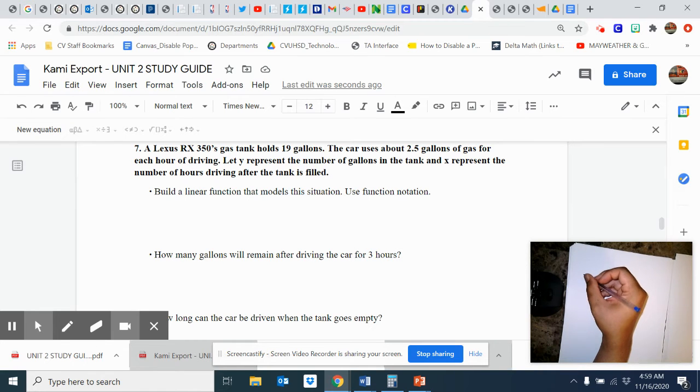In this case, you would do Y. But if I wanted to do the Lexus, I'm going to put that too. That would be L of x. So I'm going to do both. It has 19 gallons plus, but it uses. So I'm not going to do plus. It uses. See how it says it uses?